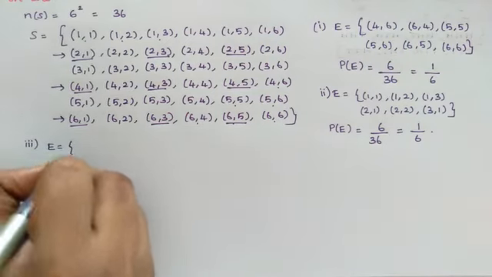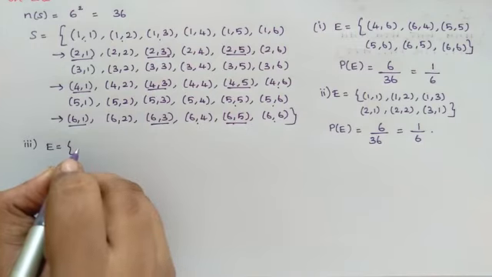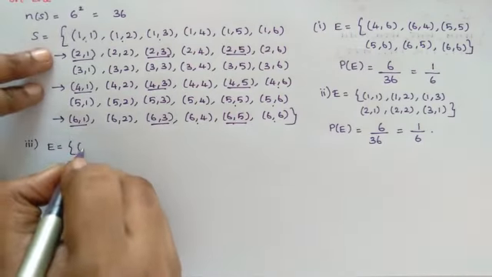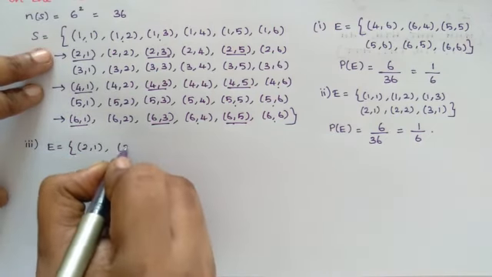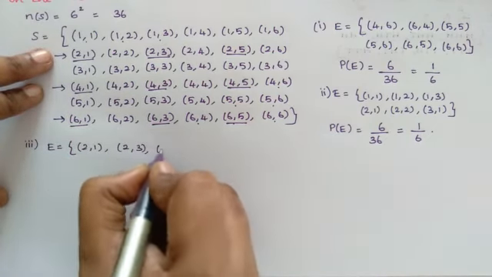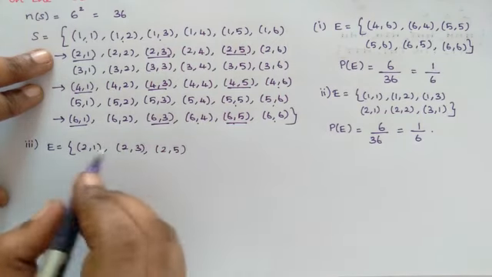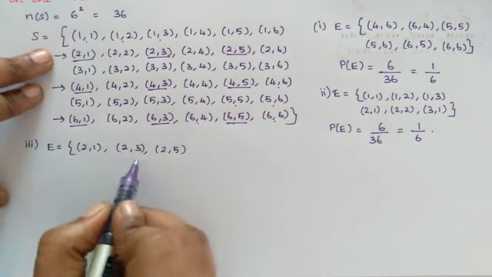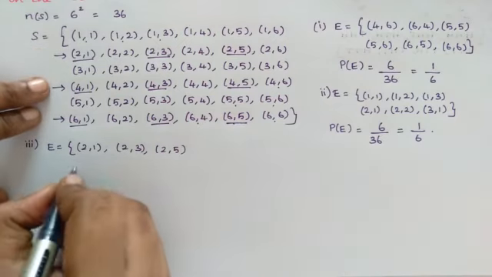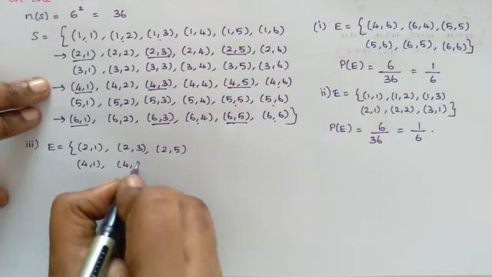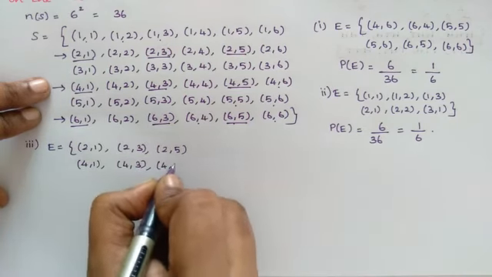The event of having an even number on one die and an odd number on the other die. So 2 comma 1, 2 comma 3, 2 comma 5, where the odd number is on the second die and the even number 2 is on the first die. Next 4 comma 1, 4 comma 3, 4 comma 5.